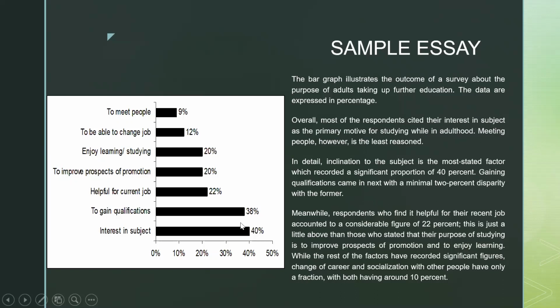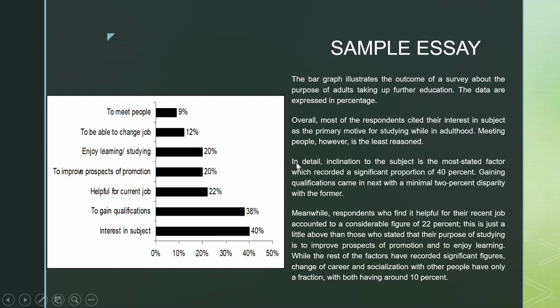That's the number one here. And then the lowest, meeting people, that's your lowest, 9%, however, is the least reason. So take note, there are no figures, no percentages, only descriptions. And it should be general.